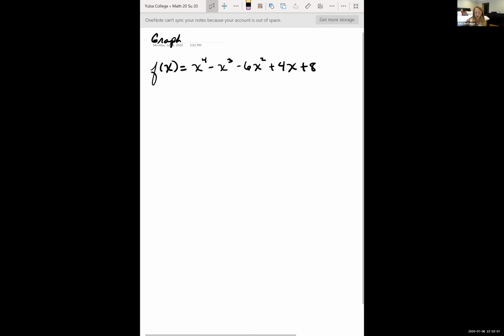So let's kind of put all of our pieces together. So let's first look at what's going to happen to the end behaviors of our graph. This is a polynomial, and so the end behaviors are affected by that leading term, which in our case was x to the fourth. So we looked at the limit as x is approaching negative infinity of that leading term.